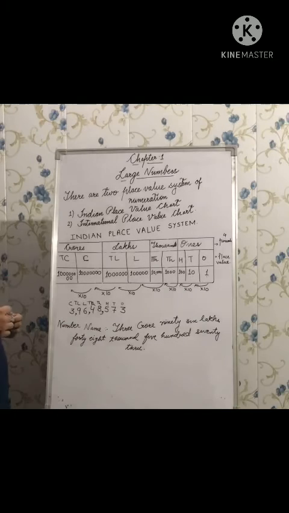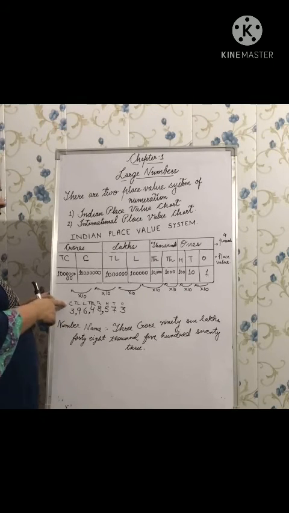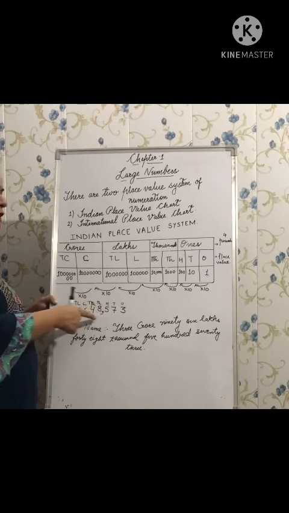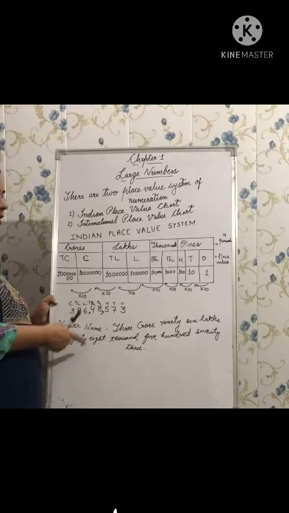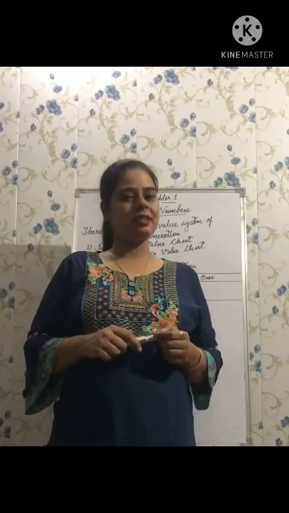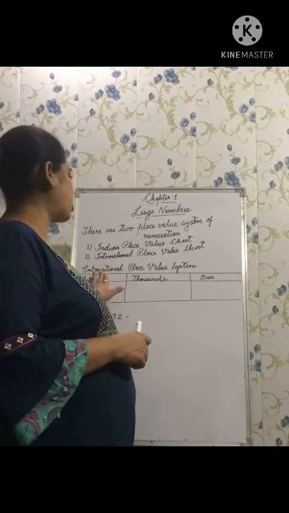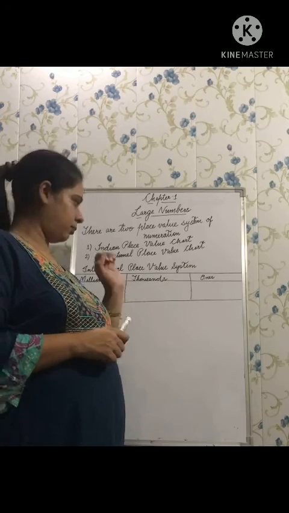Yes. Firstly, you will put the place values on the top of the number, put the commas, and then write the number name. Now moving to the next concept, that is the international place value system.